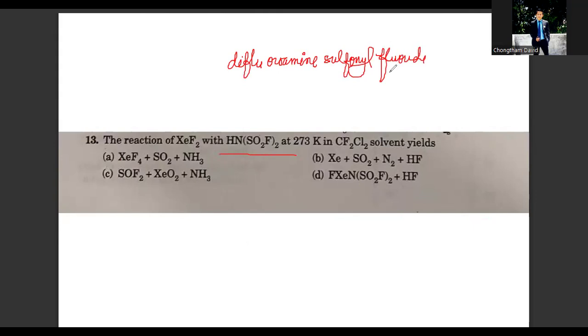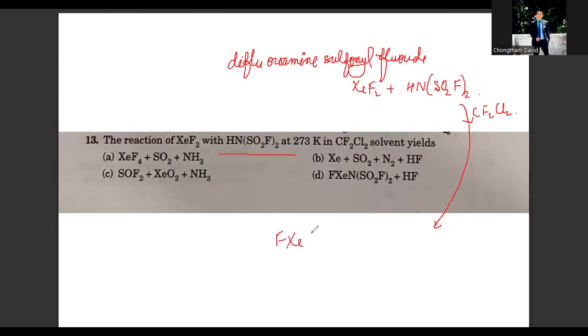The reaction of xenon difluoride and this difluoroamine sulfonyl fluoride at 0 degrees in the presence of CF2Cl2 solvent yields. So when this reaction occurs, I shall write it down so that it is visible.